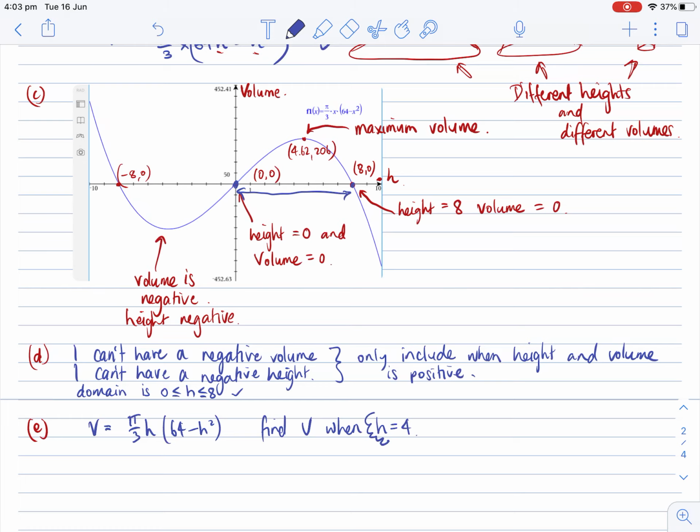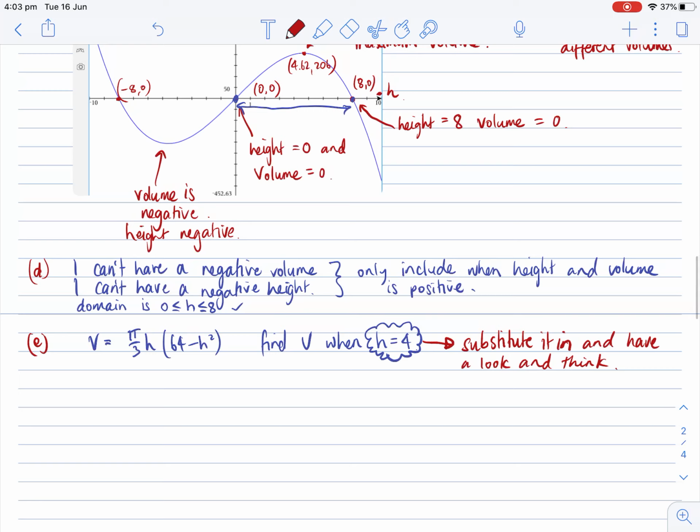Whenever you see something like h equals 4, your first step should always be just to substitute it in. And once you've substituted it in, have a look and think about what's actually going on. So that's really simple.